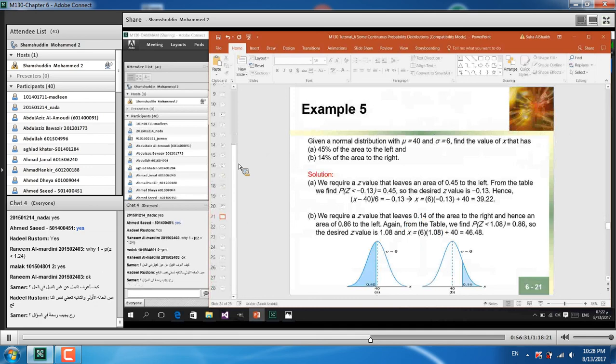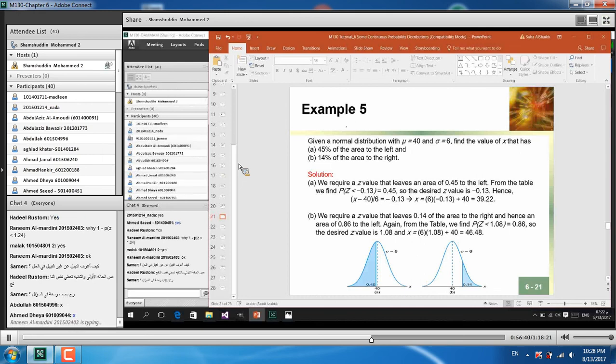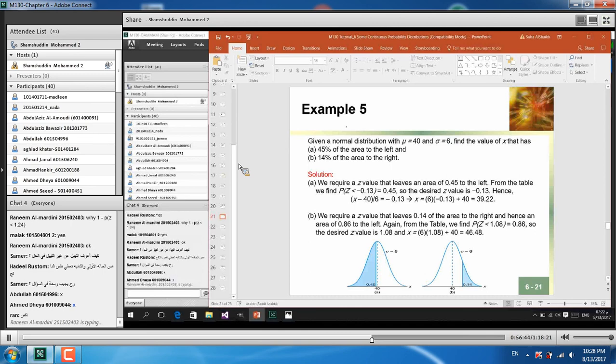Now pay attention to this one. Given a normal distribution, normal means what, x or z? When it is just normal with mu 40 and sigma 6, this is x. So I change it to z by subtracting mu, which is 40, and dividing by sigma, which is 6. The rule is that z comes from subtracting 40, divided by 6.